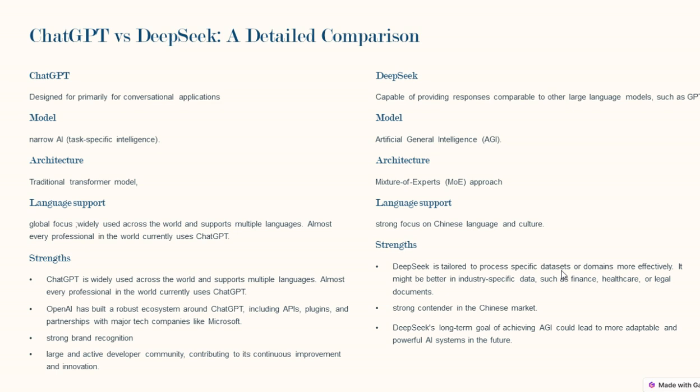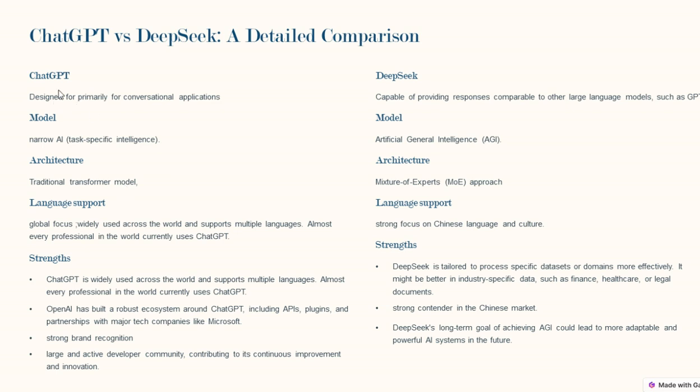Whereas ChatGPT uses a traditional transformer model, which is like having all the experts working on every task, and therefore it is more consistent but potentially less efficient, and computationally the resources are very extensive.